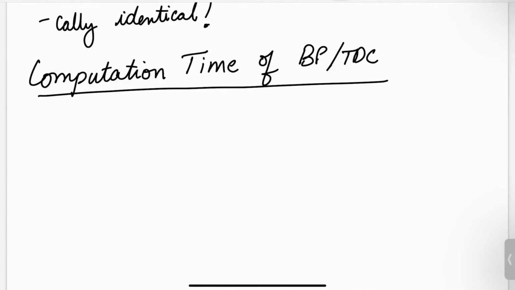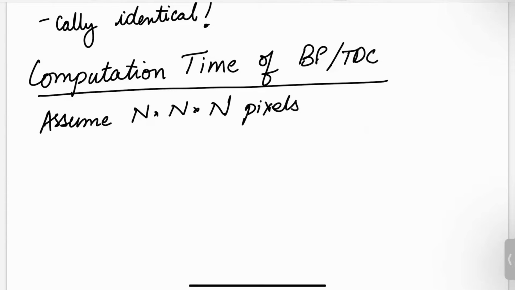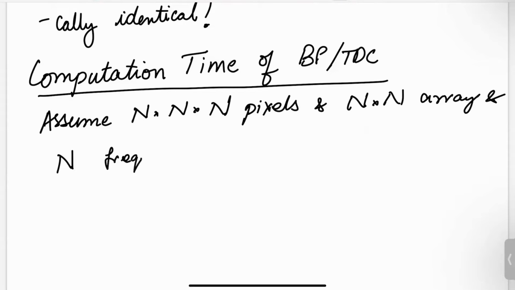So assume we have an imaging scene that has n cross n cross n pixels. And for the sake of simplicity, we have an n by n array and n frequency or time samples, right?